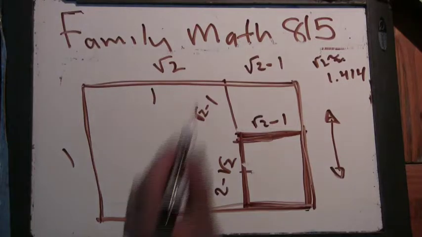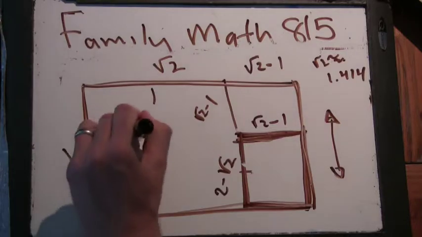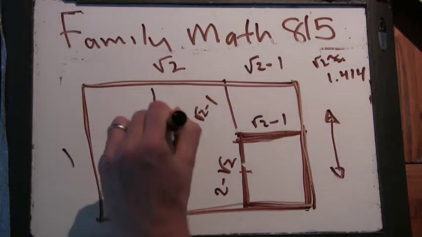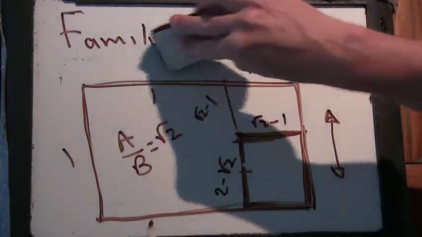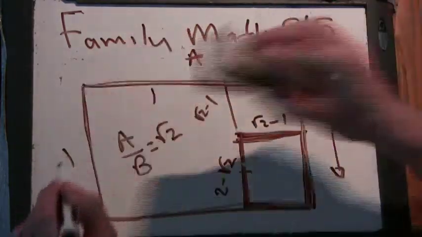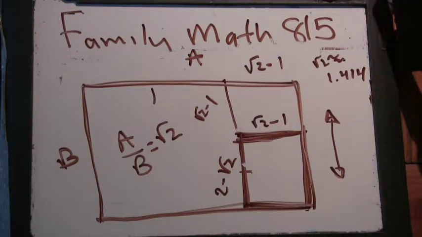Okay, so if √2 to 1 was a rational number, let's say a over b equals √2, we could multiply everything by b, and then the long side would be length a, and the short side would be length b. Right? Yep. Okay.